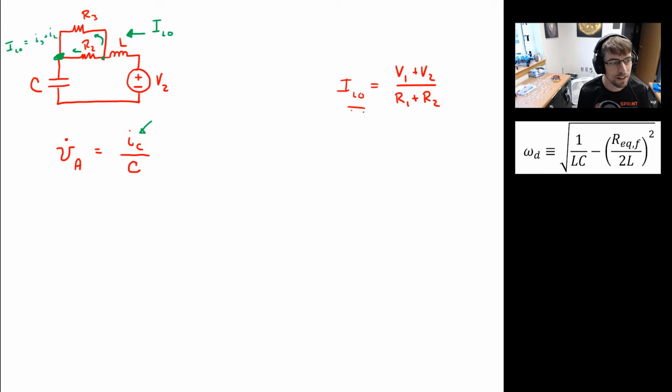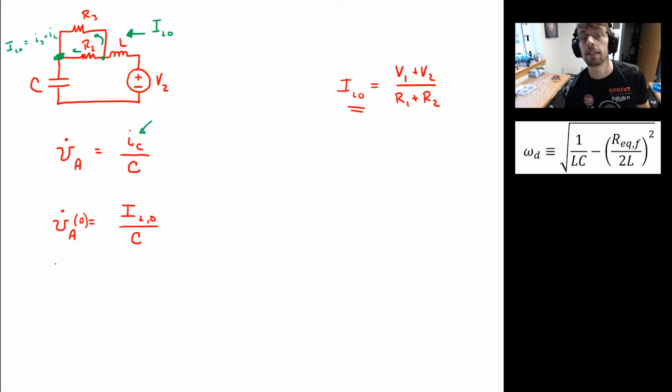We get dVA/dt, the time derivative of the potential, is equal to, and now I'll replace it with this capital I_0 over C, and this is at time equals 0. Any instant after that, this equation no longer applies. This I, rather than being capitalized, will be lowercase.